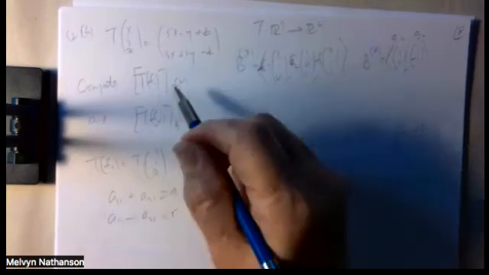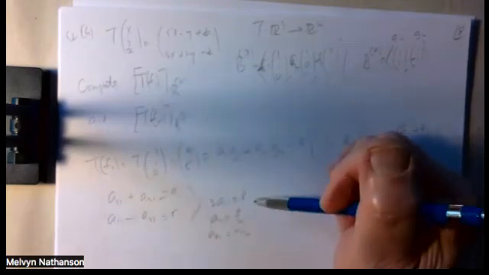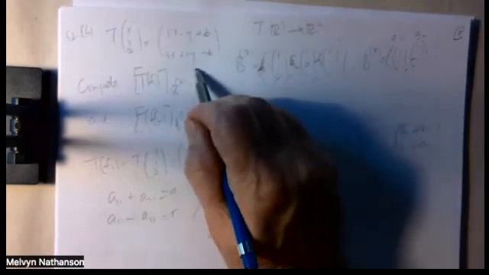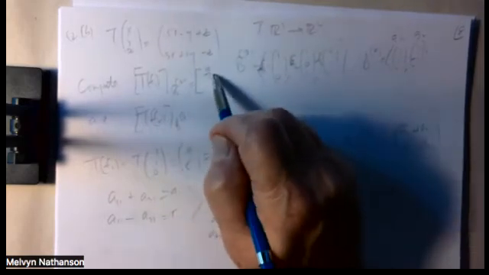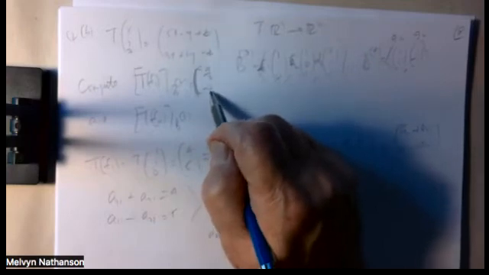So the coordinate vector for T of F1 with respect to this basis is 9 halves, minus a half. So I'm half done with the problem, right?